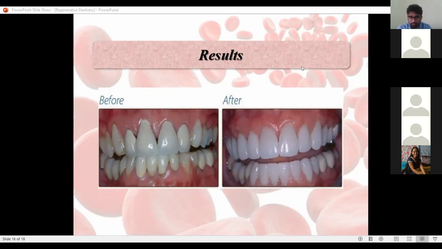So it will give a better result with the conventional treatment, for better and faster healing and recovery. So I think it's recommended to use PRP in these cases, as discussed with Dr. Prashant here.